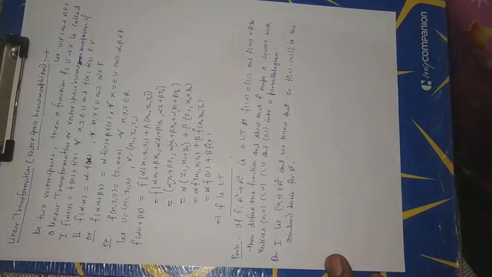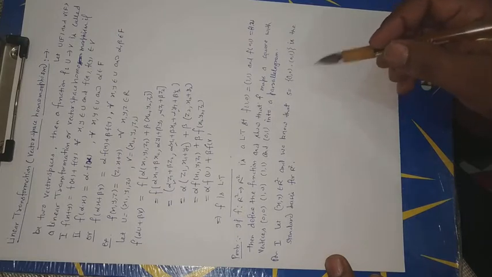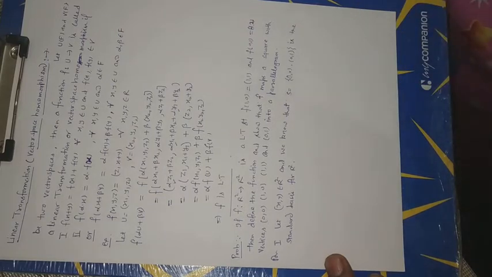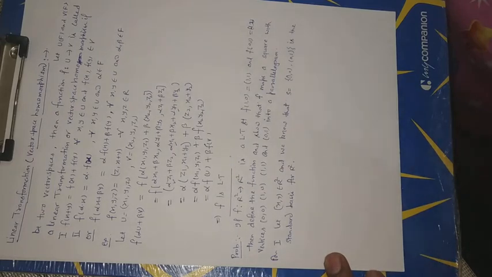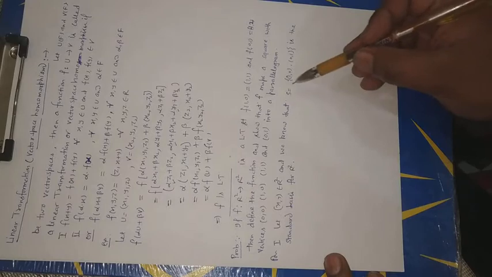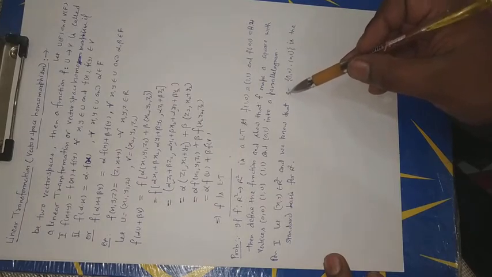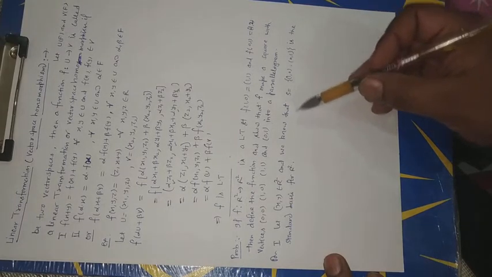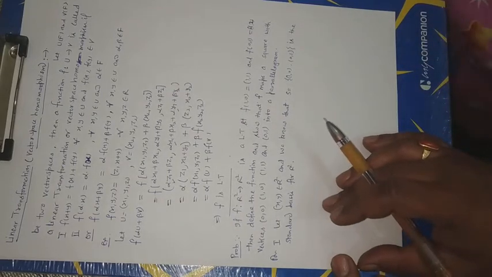Now a basis of any vector space is a set which is always linearly independent and satisfies linear span, that is, it generates the vector space. Now S is a basis, that is, S is linearly independent and L(S) is equal to R square.